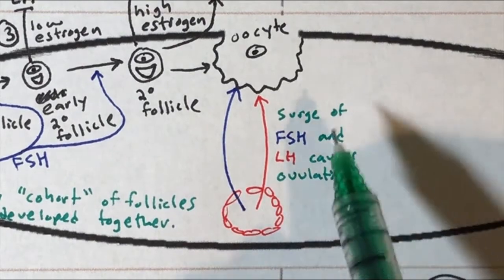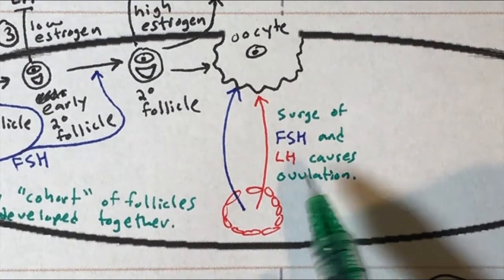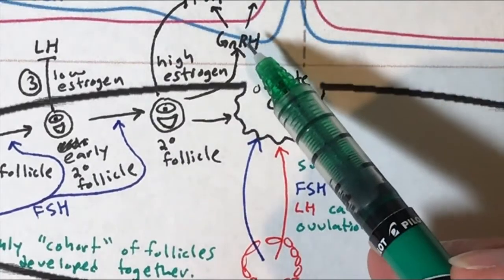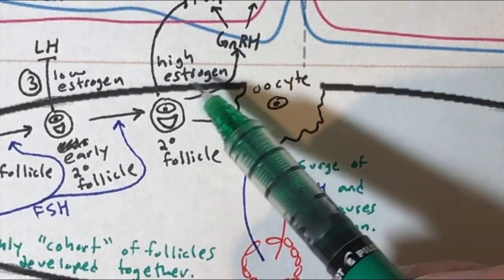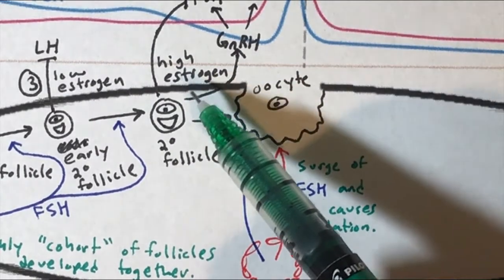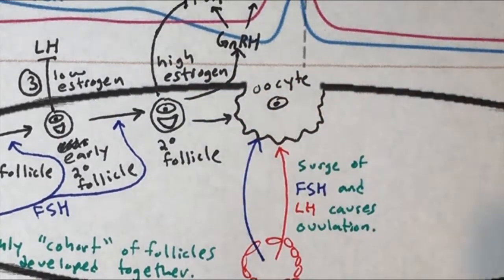And of course, the FSH and LH surges are because of the high GnRH. Or you could also phrase it as because of the high estrogen being released from the secondary follicle.